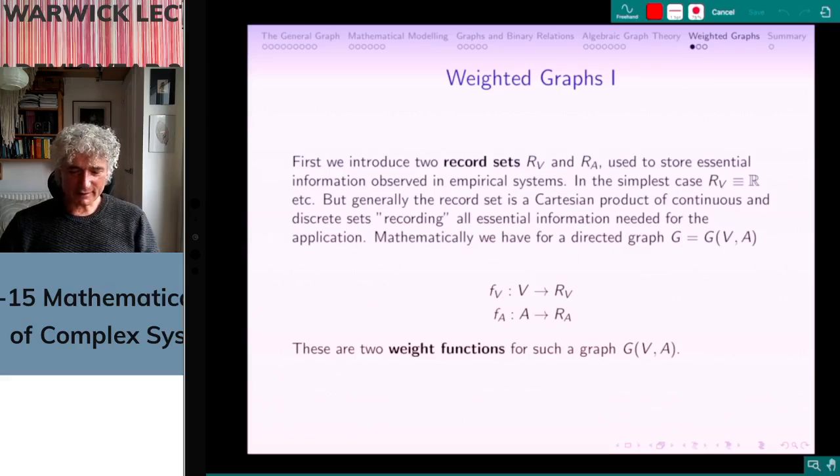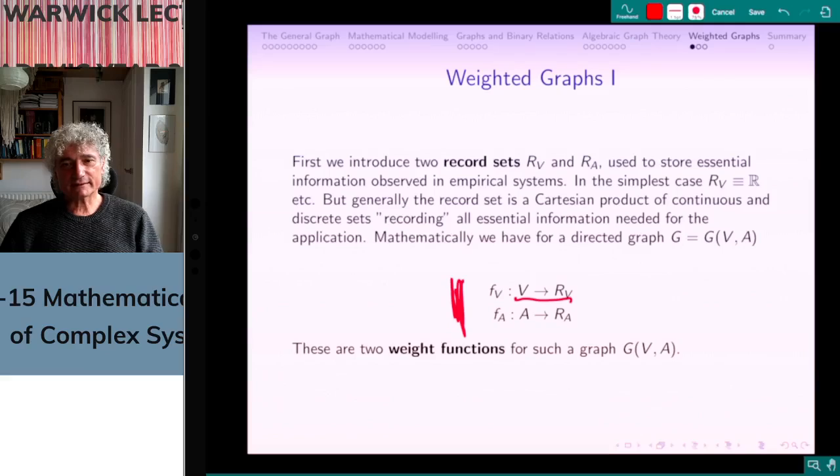Weighted graphs can be easily represented by two functions. They are here denoted by f subscript v and f subscript a. One is a function that maps the vertices to a so-called record set Rv.